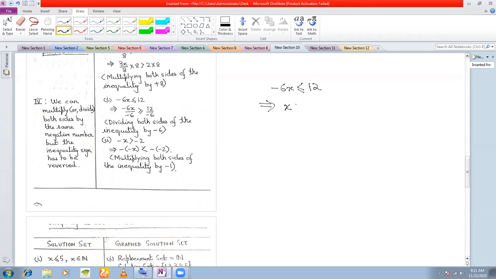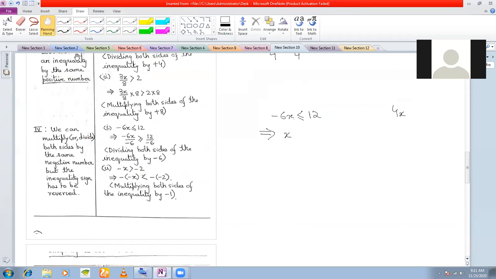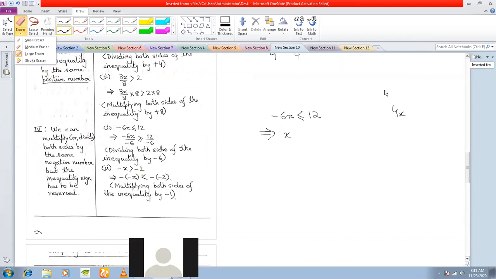What you do is you write, just because you wrote it for 4x, what was the earlier example here? For your 4x less than or equal to 8, you were writing directly x less than or equal to 8 by 4.